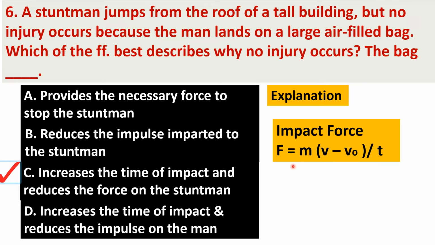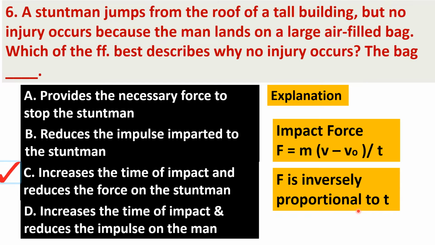So now we have F equals the mass times the change in the velocity, v final minus v initial, all over the time t. And based on this formula, it is pretty obvious that the force of impact is inversely proportional to the time t. And that's exactly the meaning of option letter C.